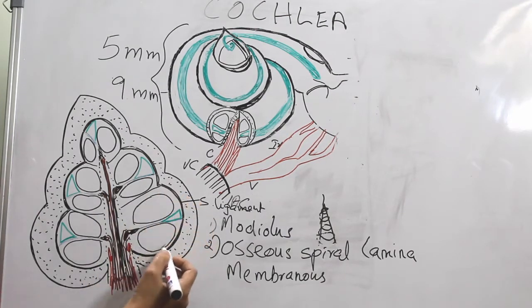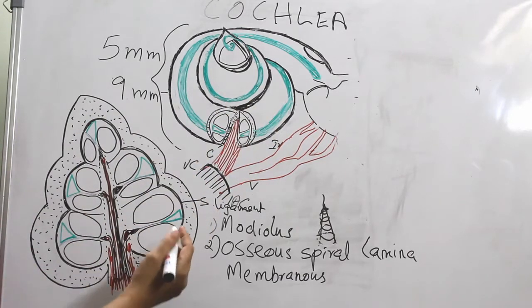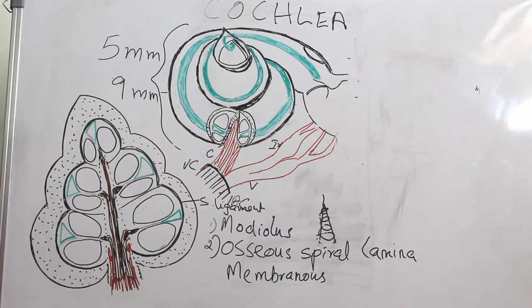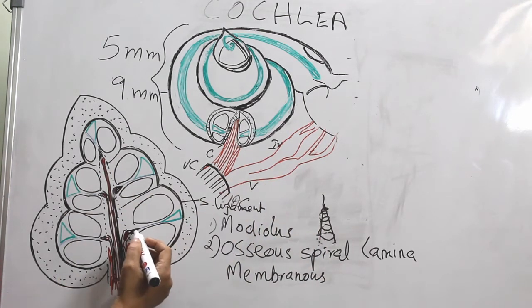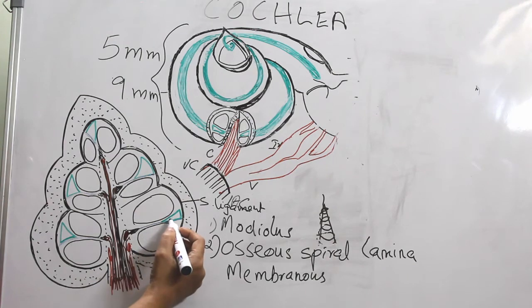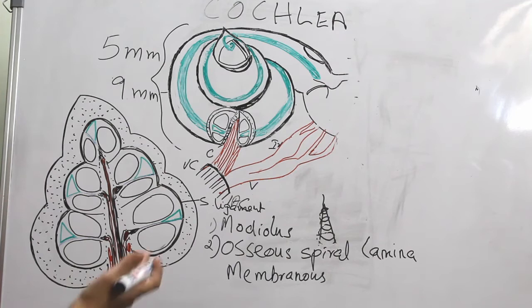This is the thickened part of the inner portion of the bony cochlea. It is called the spiral ligament. So this osseous spiral lamina continues as a membranous spiral lamina up to the spiral ligament. It goes up to here, and this forms the basement membrane.